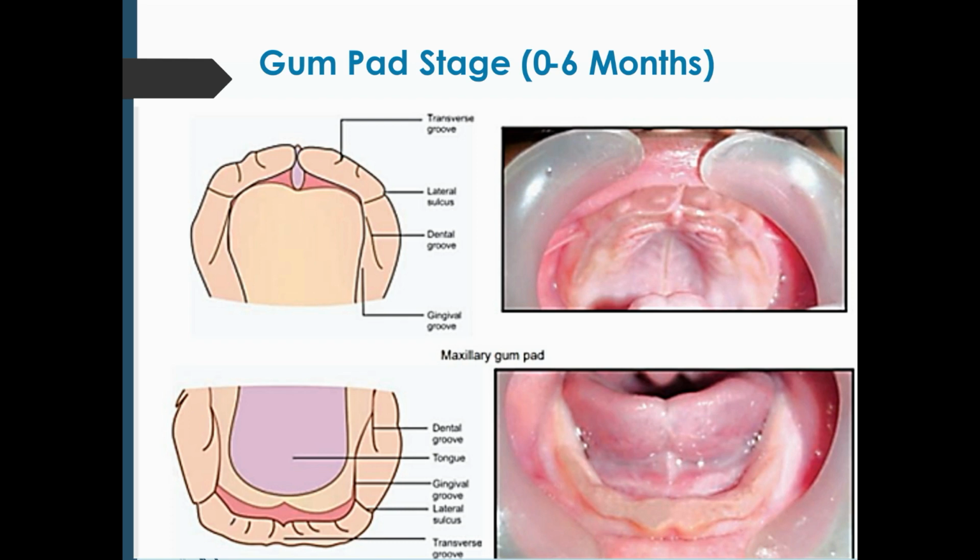The prominent transverse groove separating canine and first deciduous molar segments in both the arches is called the lateral sulcus. The lateral sulci are often used to judge the inter-arch relationship at a very early stage. The gingival groove separates the maxillary and mandibular gum pads from the palate and floor of the mouth, respectively.